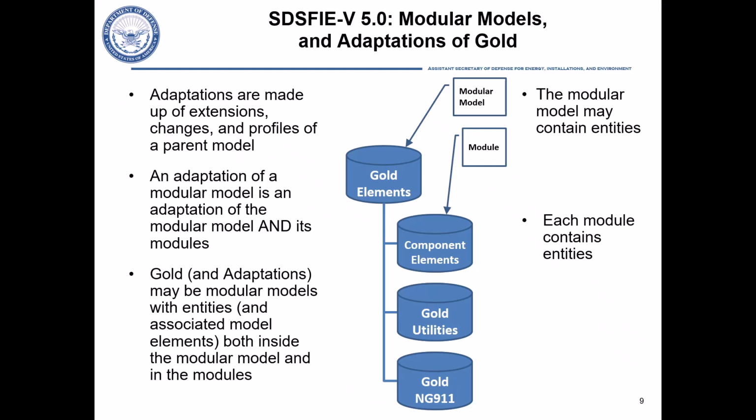Second, the Gold model and component adaptations, if modular, may have entities and associated model elements both inside the modular model and in the modules. So, the modular model may contain entities, and its modules contain entities. And, as just stated, duplicate entities are not allowed. So, no entity can exist in more than one location within a modular model.